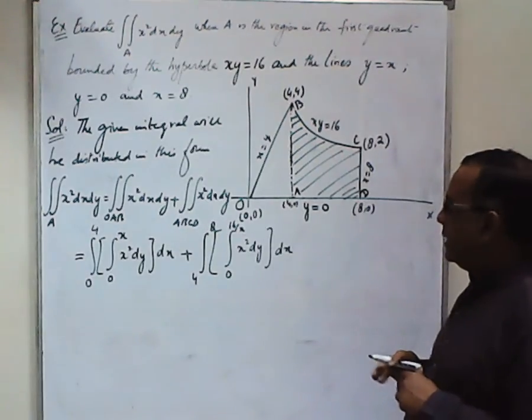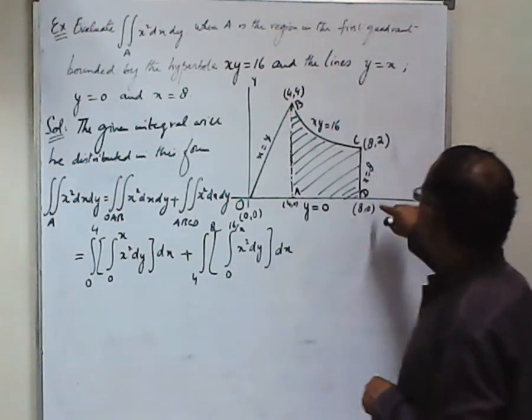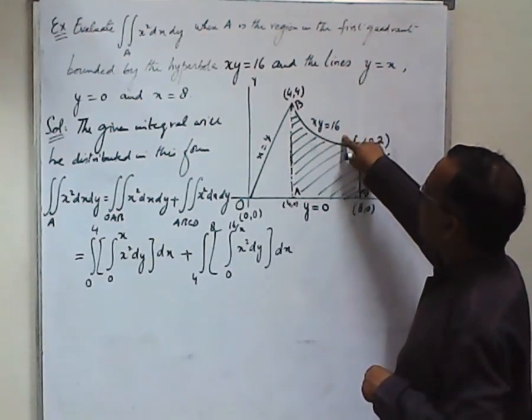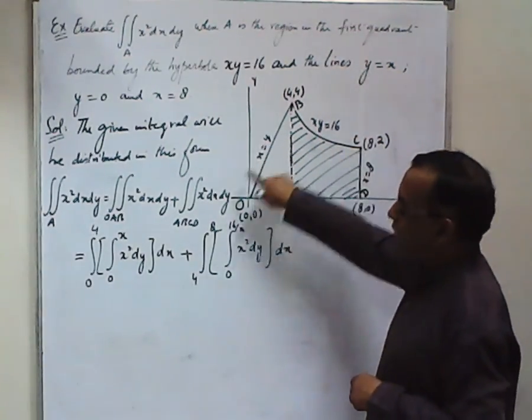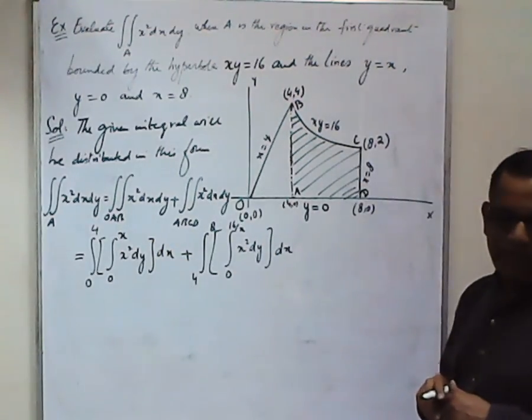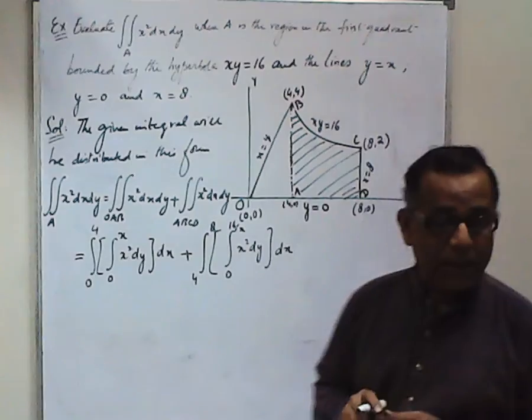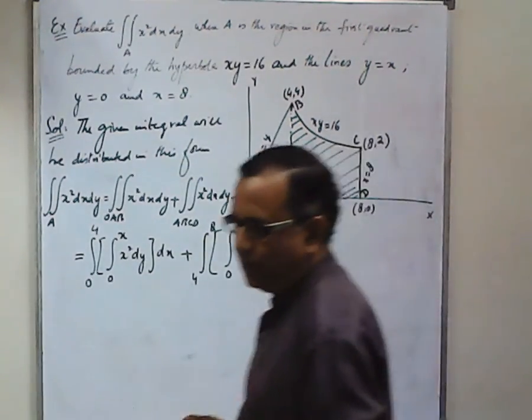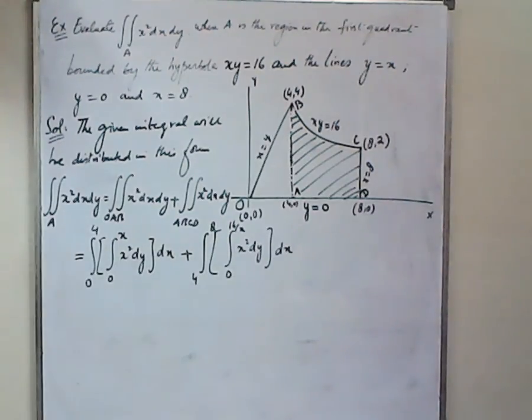And then for y, we are starting from 0 to what? From here y is equal to 16 upon x, and from here y is equal to x, so I write 0 to x and 0 to 16 upon x. So I hope this will be clear to you, and now it is time to just integrate and substitute the values. It becomes very straightforward and simple.